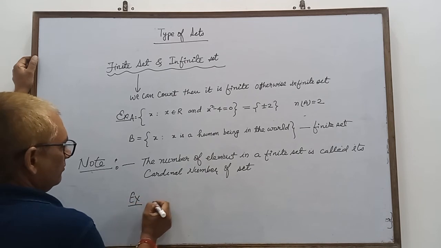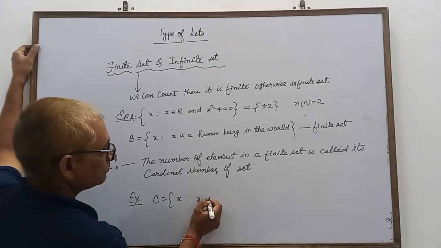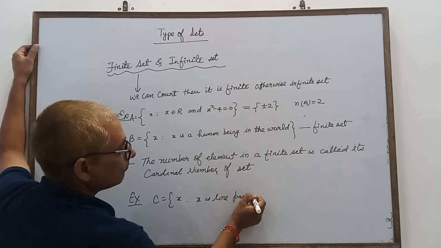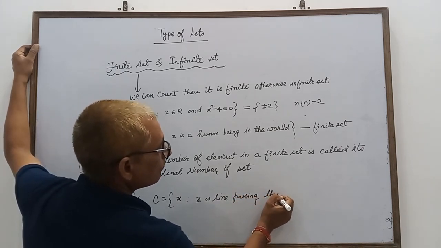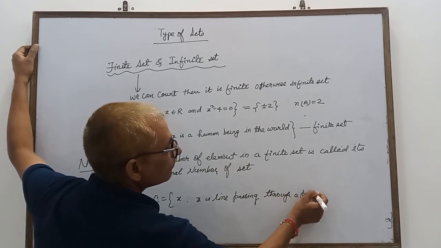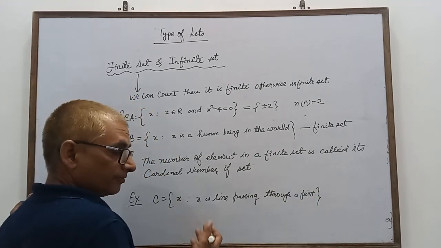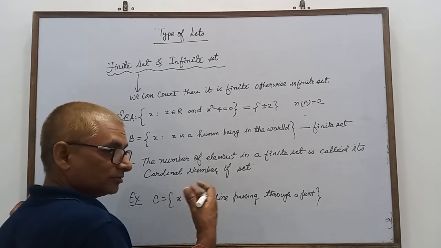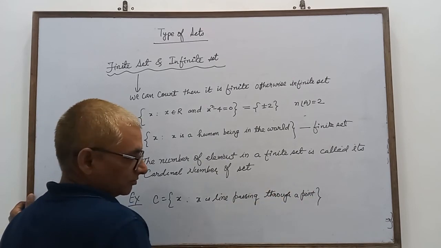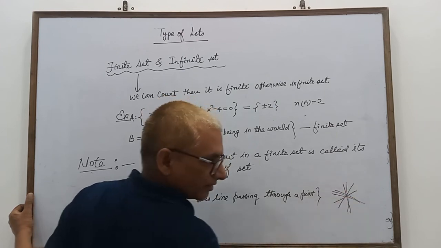Example, set C: x is a line passing through a point. C is the set of all lines passing through a point. Through a point, many lines pass, infinite lines.